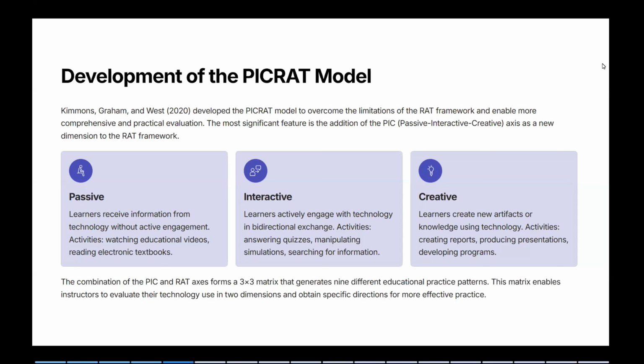Interactive: students actively engage with the technology, for example, answering quiz questions. Creative: students create something new, for example, making a presentation. The PICRAT combined the PIC and LAT into a 3x3 matrix.